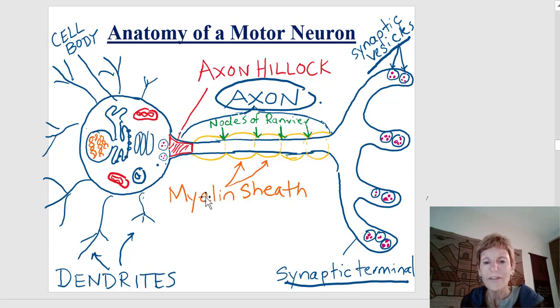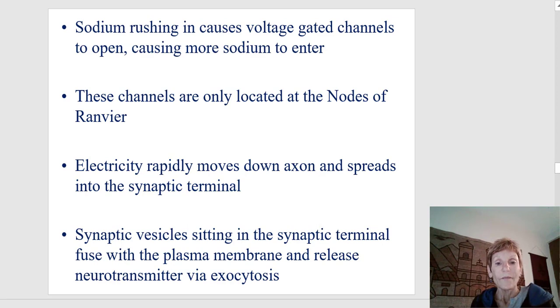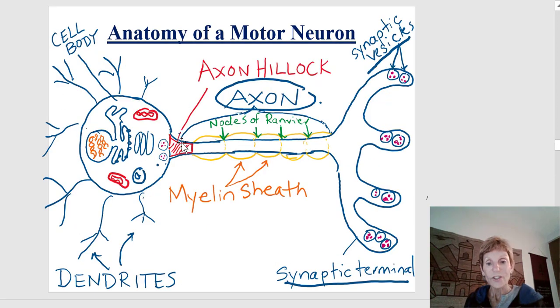So you're going to get a massive influx of sodium here via those sodium channels. And as those sodium ions rush into the axon, they move rapidly down the axon, and that is electricity. Now, as the sodium rushes down, it turns out that there are voltage-gated sodium channels.